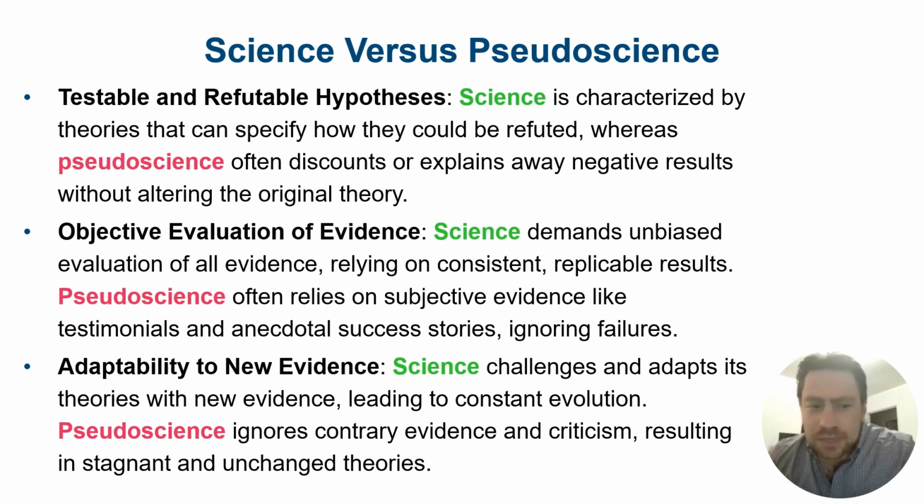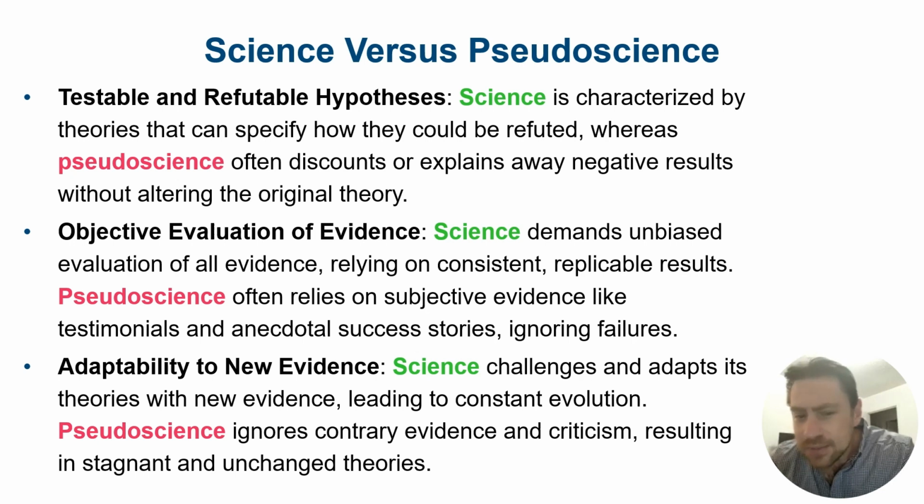And finally, adaptability to new evidence. Because scientific ideas are falsifiable, because science is open to criticism, it changes over time. Theories change, ideas change, methods change, and as a consequence, science becomes better and better at explaining the world around us.